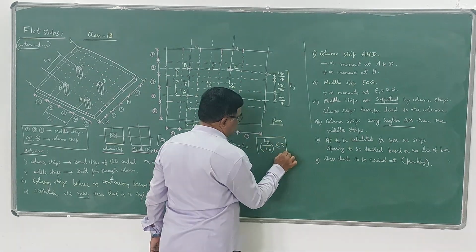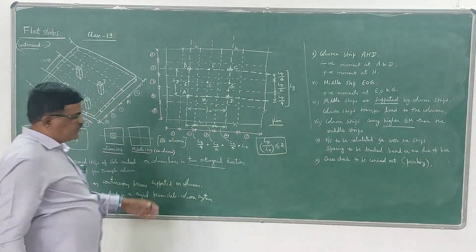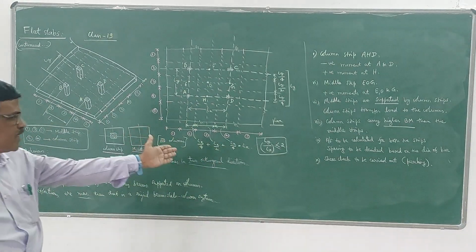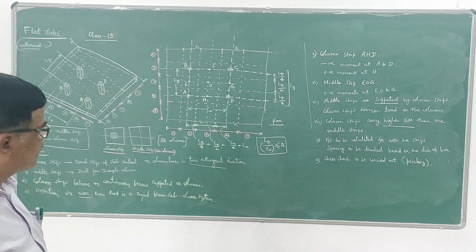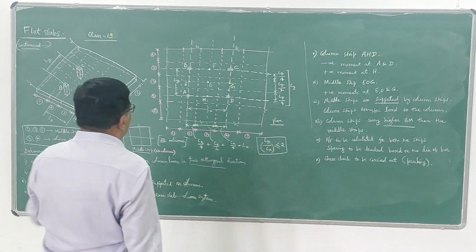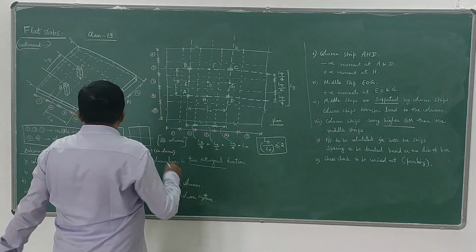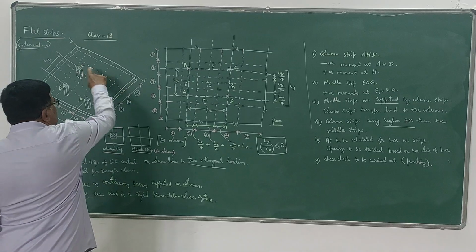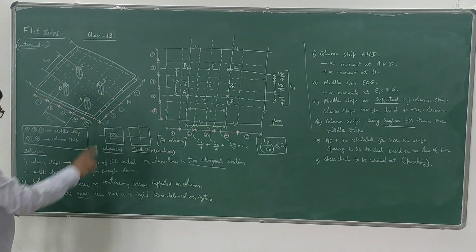So this is the span. This is the ratio of the spans. In the case of a square panel, Ly by Lx will be equal to 1. Here I have divided this into 5 divisions in both directions.